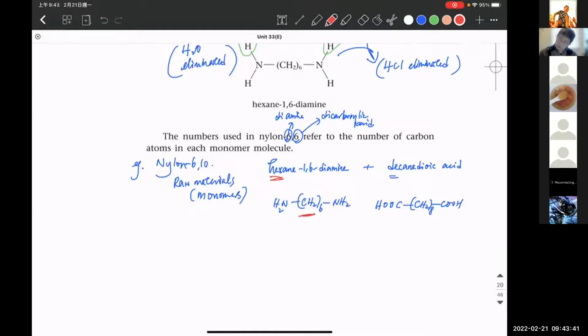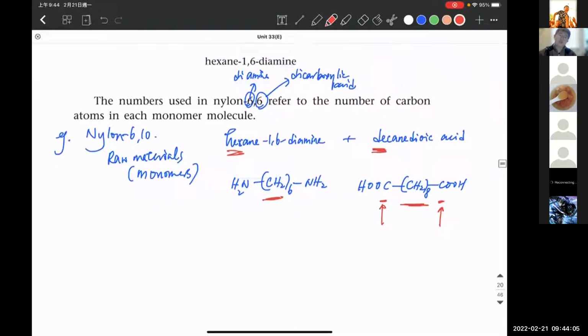But if you want to count the decanedioic acid, the dec, you need to include the 2 carbons of the carboxyl groups, one for each carboxyl group, while you count the total number of carbons, 10. Otherwise, you are making more than 10 carbon in this substance.